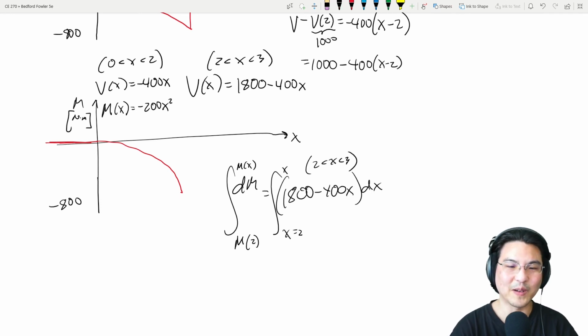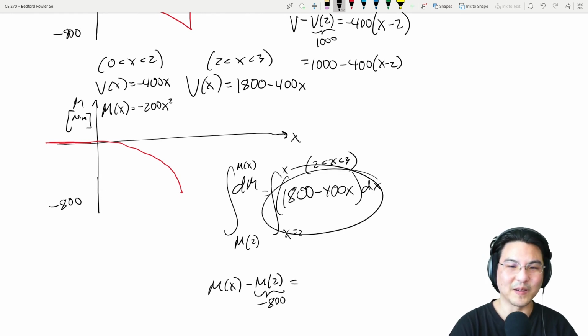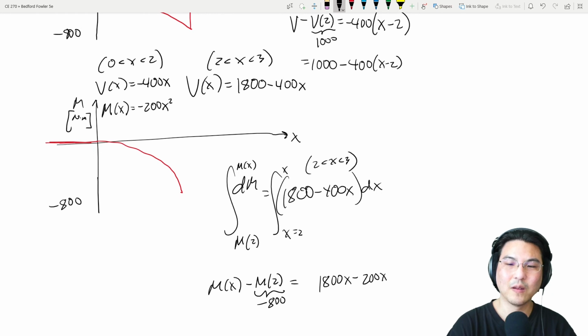Okay, so what do we have here? M of x minus M at x equal to 2, which we just said was negative 800, right? So this is negative 800. And then let's integrate this: 1800x minus 400x squared over 2 from 2 to x. Let me not skip too many steps here.